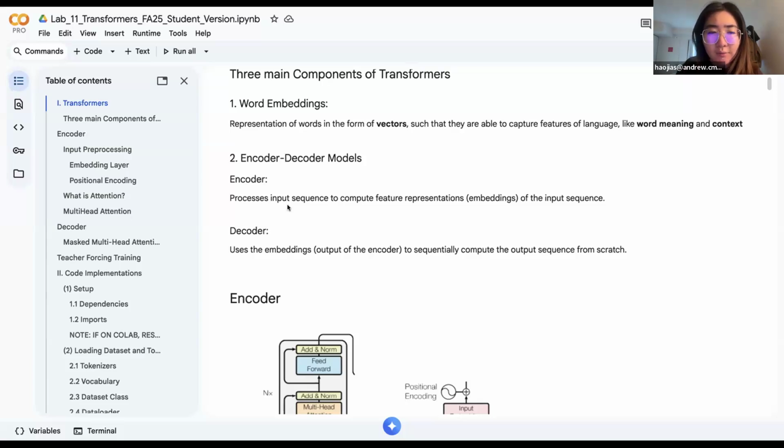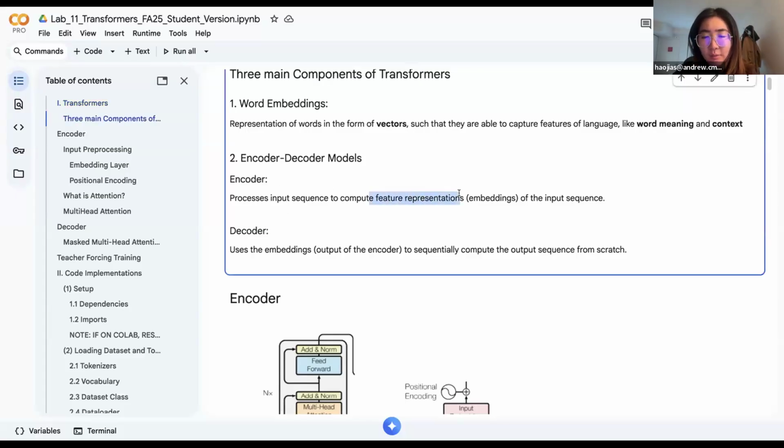However, we can still have the encoder, whose function is to process the input sequence to capture the feature representations, that is the embeddings of the text tokens.